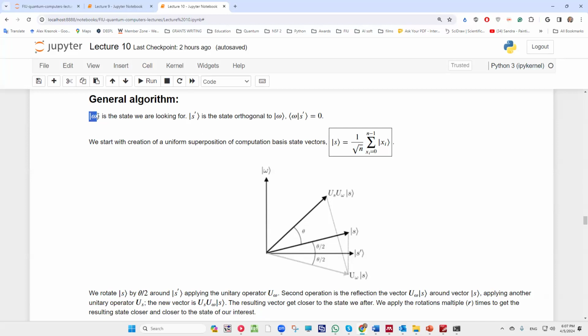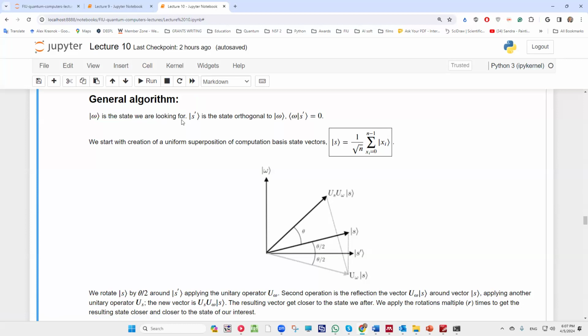So let's denote by omega the vector we are looking for. The omega here represents the winner, it looks like W, so it's like the winner vector, the vector that encodes the element we're searching for in our list. So we know this vector.